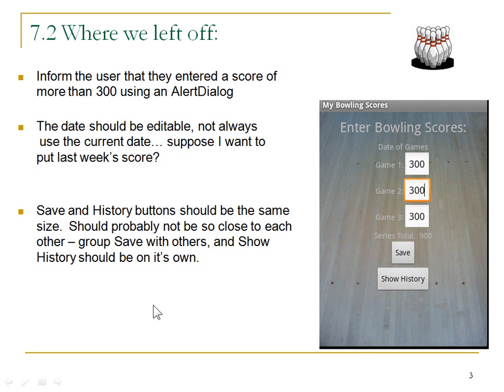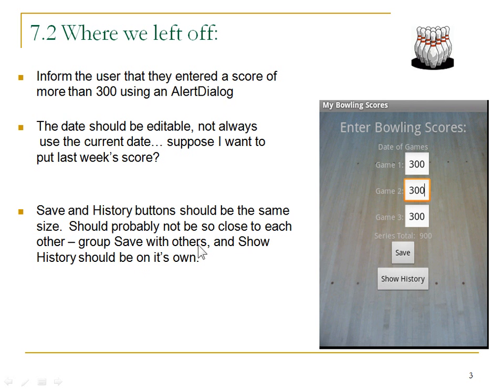Well, from the previous segment where we left off was this is what the application looked like, and we added in this segment the ability to pop open a dialog and tell the user that their data was not valid, and to use the date picker so that all of the data entered doesn't have to be on the same date.